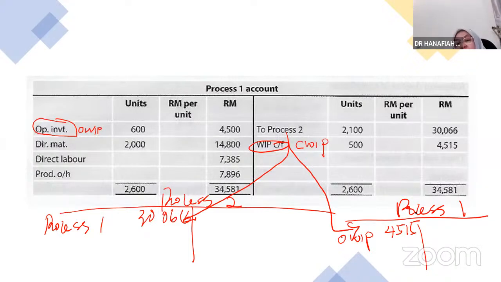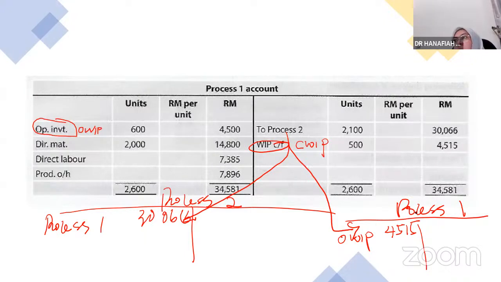Do not get confused, because the transfer from process 1 to process 2 is only for completed units. However, the work in progress will remain in the same process. The only thing that changes is the name: at the end of the last month we call it closing work in progress, and it is still in the same process, but at the beginning of April we call it opening work in progress.